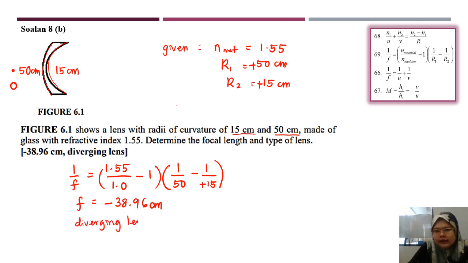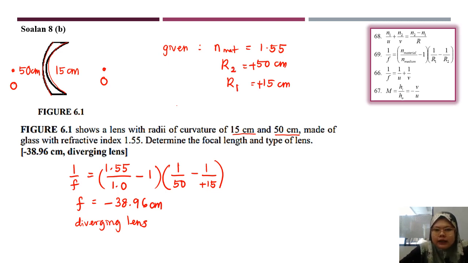Okay, let's say I tukar the position of the object. Dia tak duduk belah kiri, dia duduk belah kanan. Okay, dia duduk belah kanan, so R itu still lagi 50 di luar dan 15 cm di bahagian dalam. Tapi yang 15 cm tu dia akan jadi R1, 50 cm dia akan jadi R2.